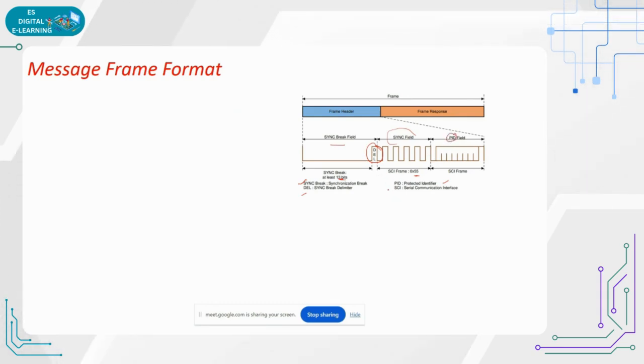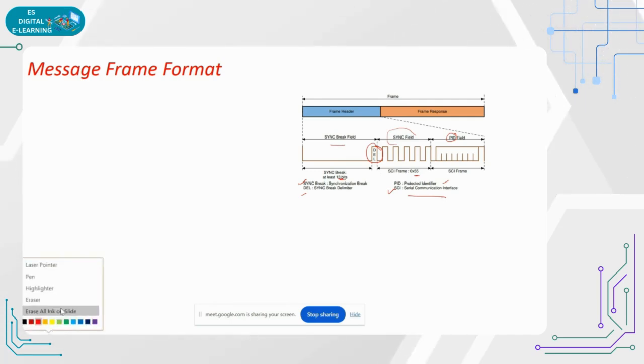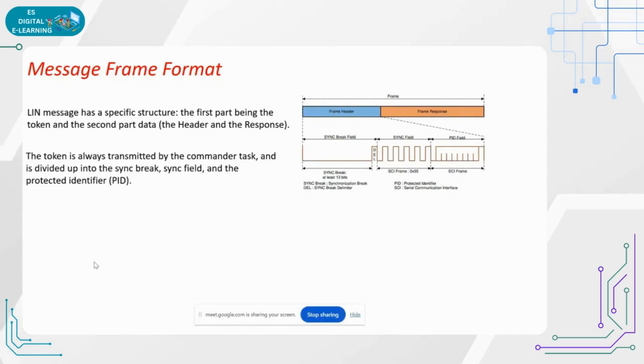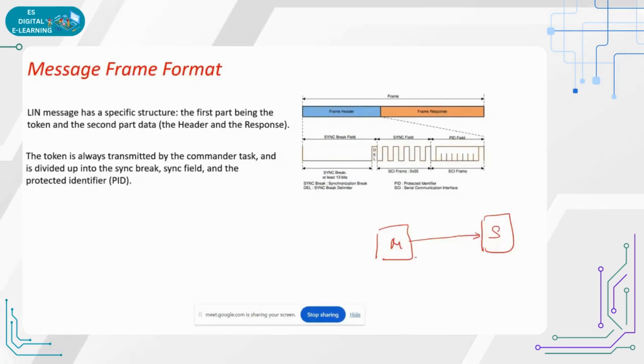Next is the serial communication interface. A LIN message has a specific structure with a header and response. From master to slave, the master should first send a token, like asking for permission. Only then can the master send the data to the slave.